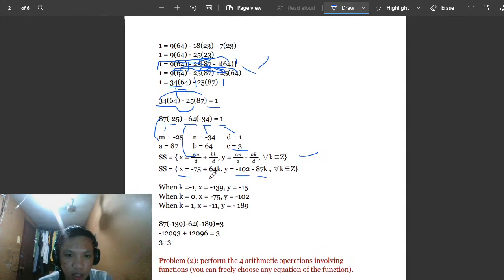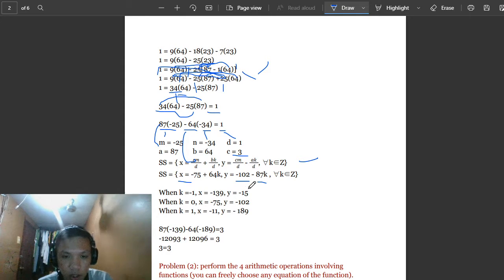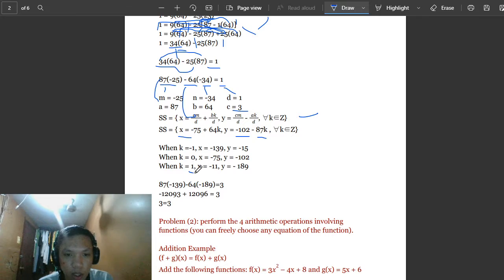When k is negative 1, x is 139 and y is negative 15. When k is 0, x is negative 75 and y is negative 102. When k is 1, x is negative 11 and y is negative 189.